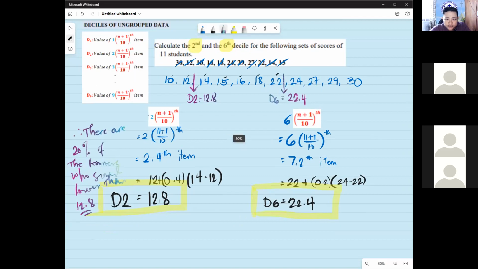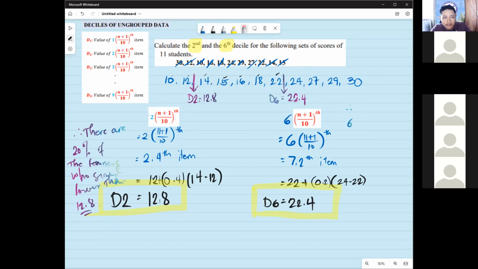So for us to interpret this similarly with how we interpreted the other one, we can say that 60% of the learners got scores lower than 22.4.